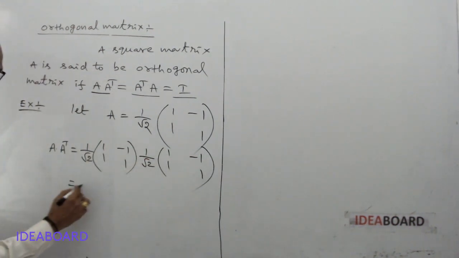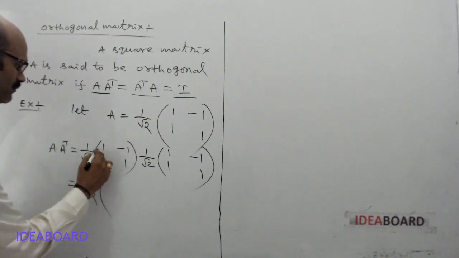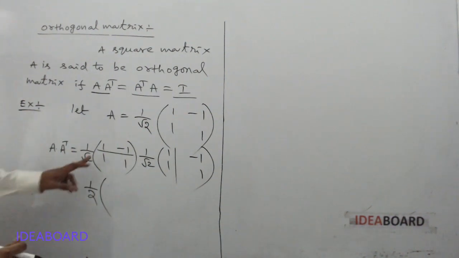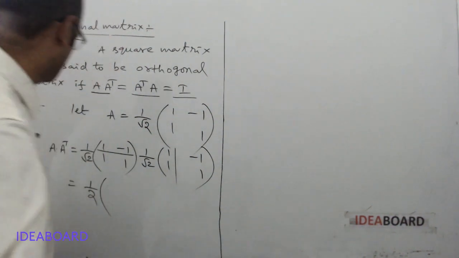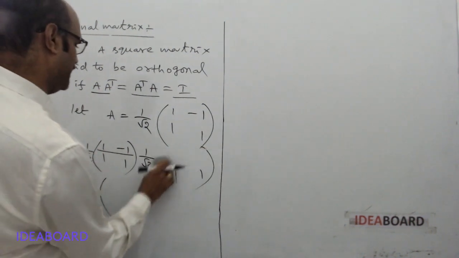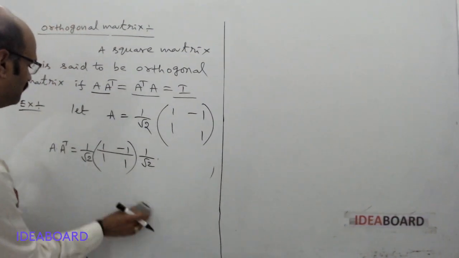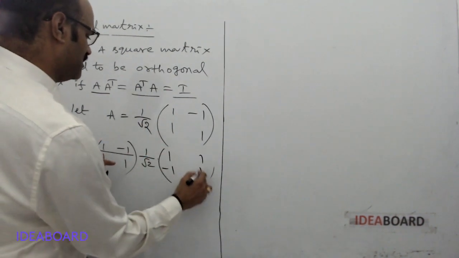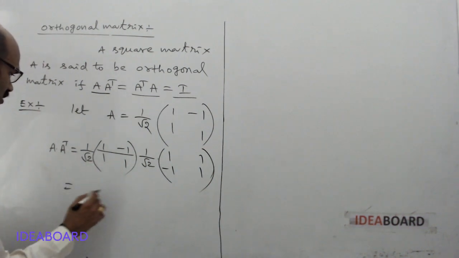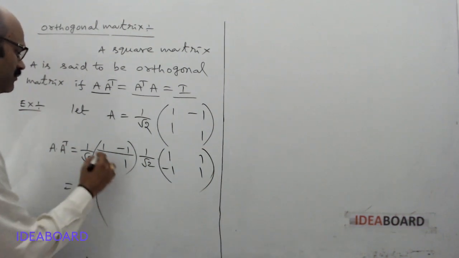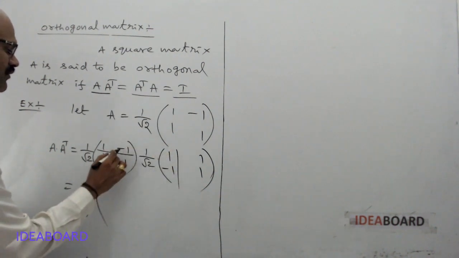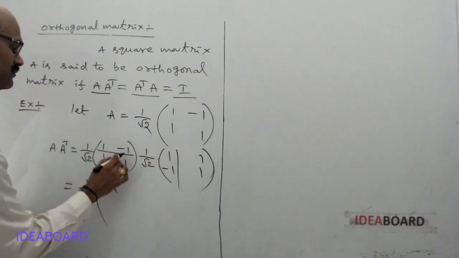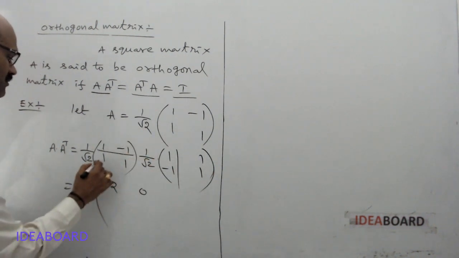So 1 by root 2 into 1 by root 2 equal to 1 by 2 into, multiply first row and first column, 1 into 1, 1 into 1, which gives 2. Then 1 into 1, minus 1 into 1, so 0 here.